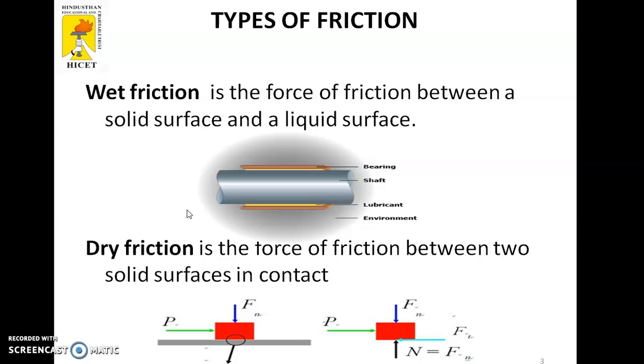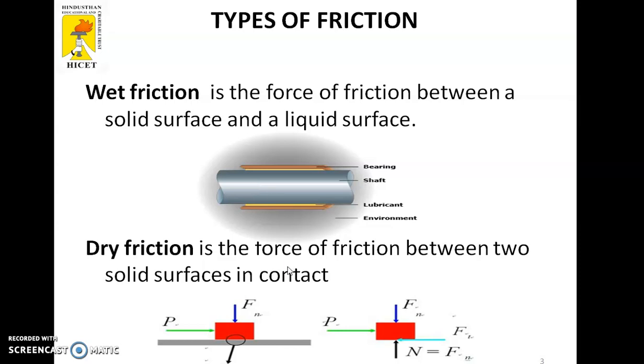Here the shaft is a solid surface and the sleeve is also a solid surface on both sides, and in between we fill a thin film of lubrication. So the friction is between a solid surface and the lubricant, which is a liquid. So this friction is called wet friction.